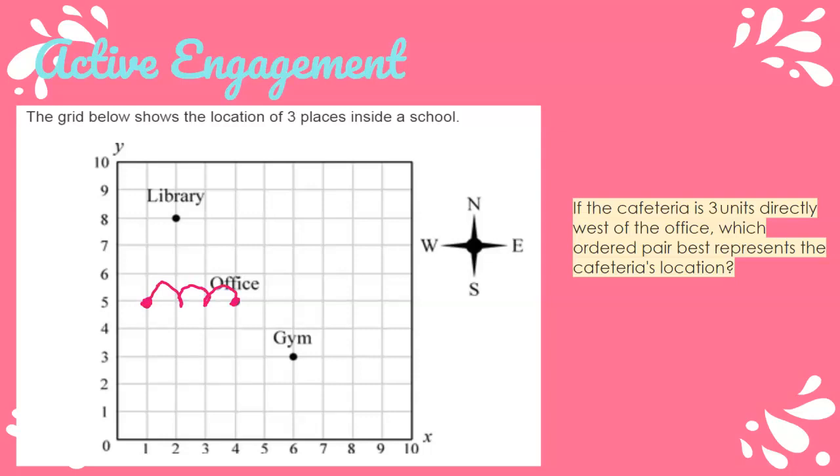At that coordinate pairing is where the cafeteria will be. So let's look. On the x-axis, we go to 1, and on the y-axis, we go up 5. So this is 1, 5 for the cafeteria. Did you get that answer? If you did, pat your brain. You're so smart.